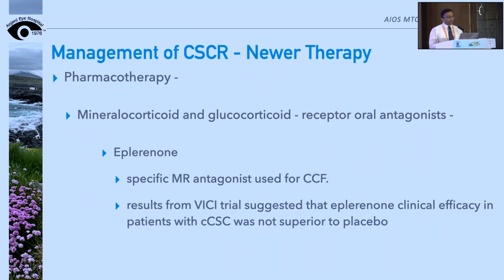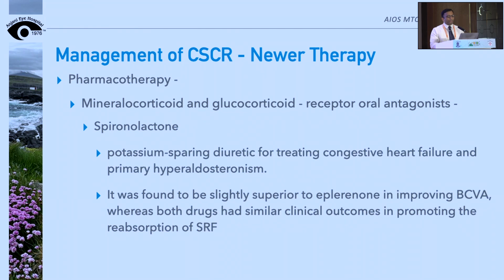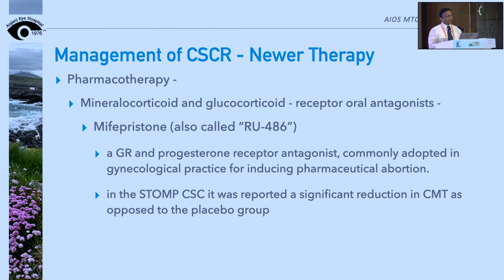So eplerenone was used quite a lot, but the VICI trial didn't show much clinical efficacy and showed that it was not superior to placebo. And there has been usage of spironolactone, mifepristone, all have not been as good as many of these other conventional lasers that we have done.